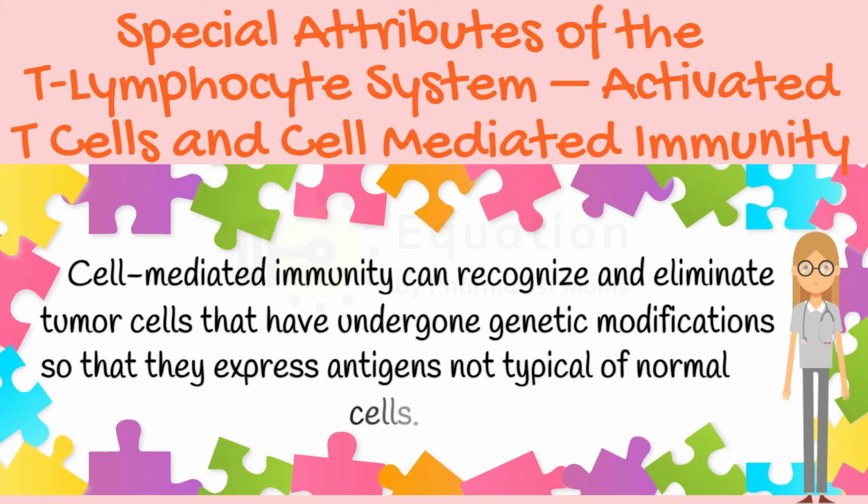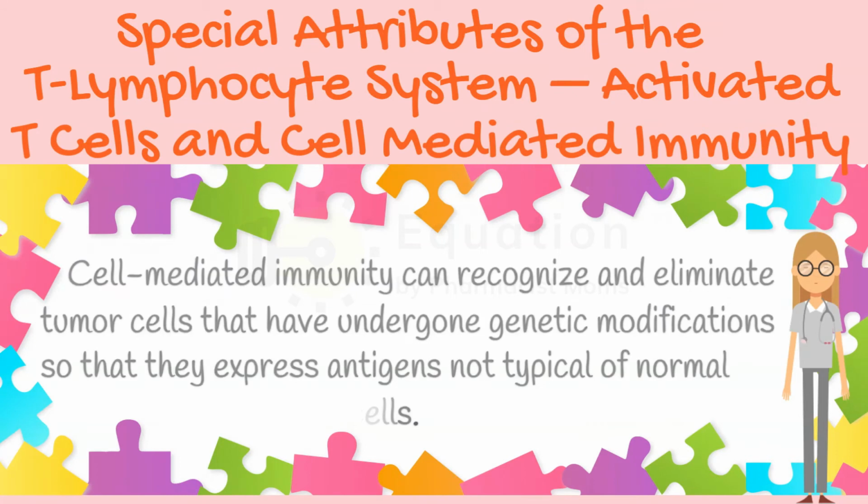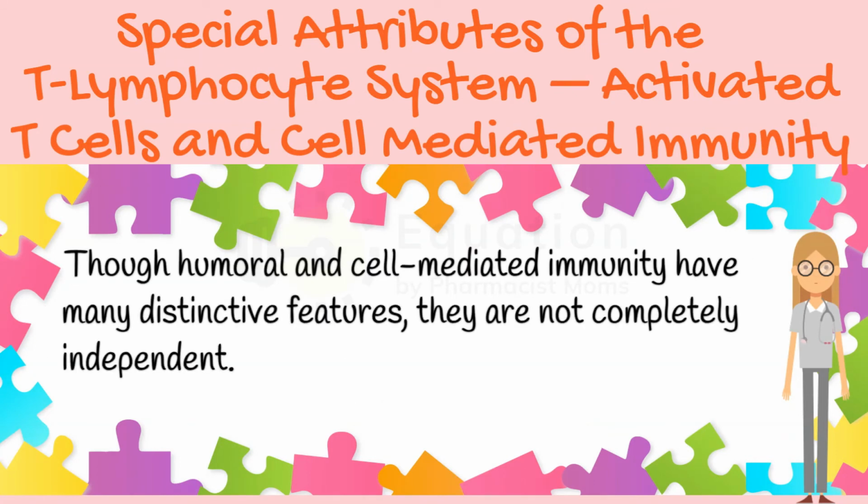Cell-mediated immunity can recognize and eliminate tumor cells that have undergone genetic modifications so that they express antigens not typical of normal cells. Though humoral and cell-mediated immunity have many distinctive features, they are not completely independent.